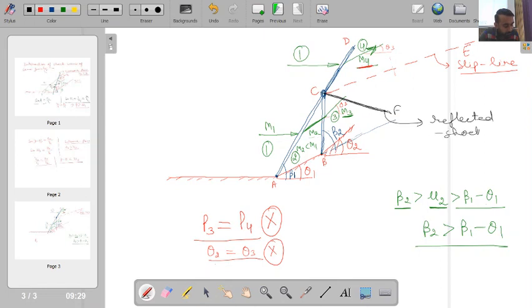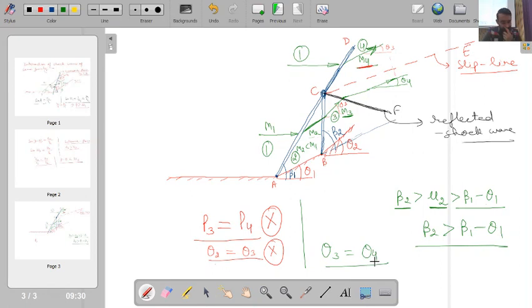And once you have this reflected shock wave, the streamline which is starting and moving along this direction, when it interacts with this reflected shock wave, will bend further downwards and become parallel to the slip line, which is parallel to this above streamline. And this angle, if it is theta 4, I will find that my theta 3 is equal to theta 4.